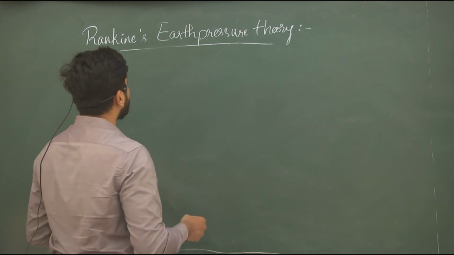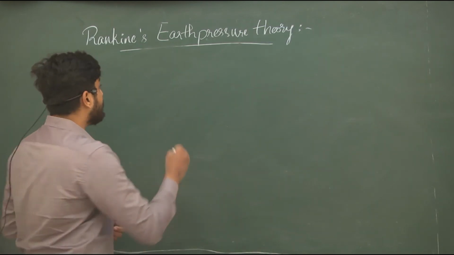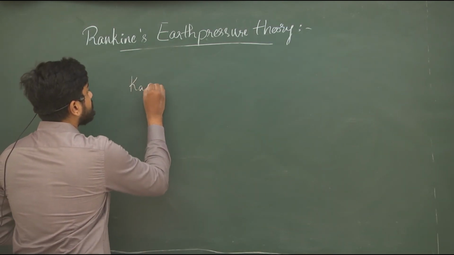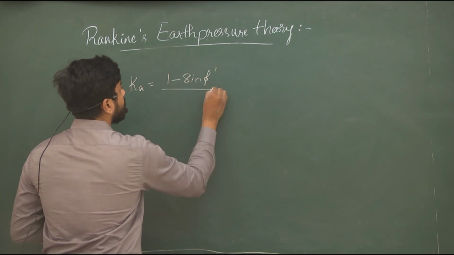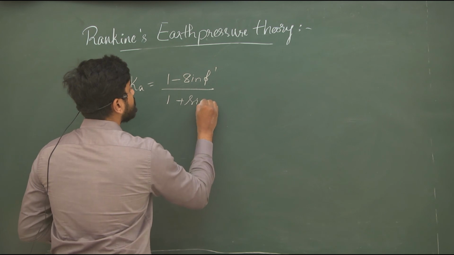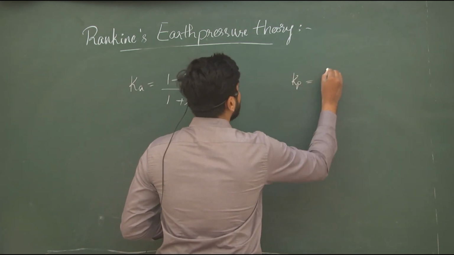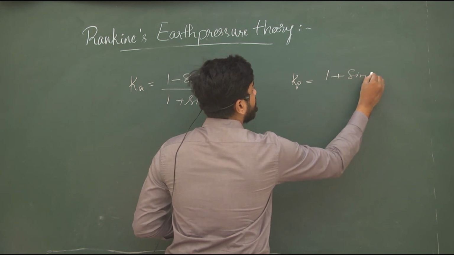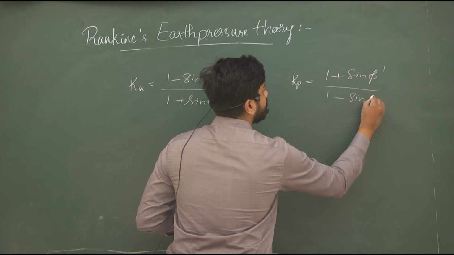So here one thing we need to understand: in both the cases we have obtained Ka as 1 minus sin phi dash by 1 plus sin phi dash, and Kp as 1 plus sin phi dash by 1 minus sin phi dash.